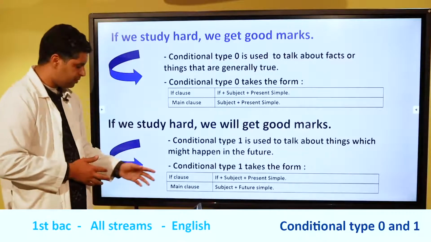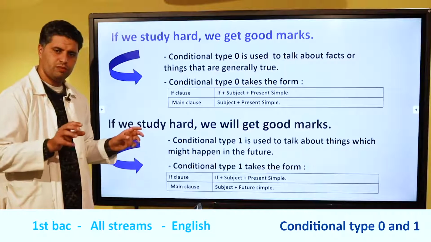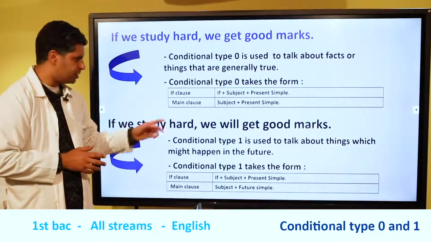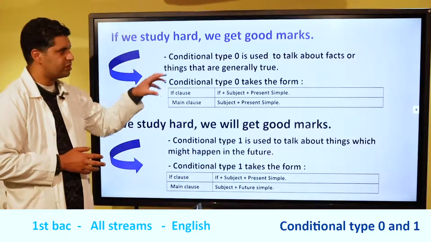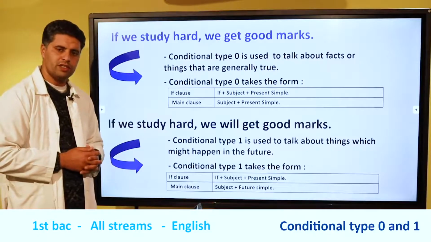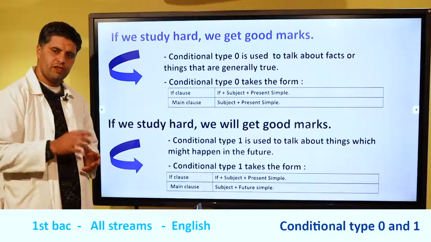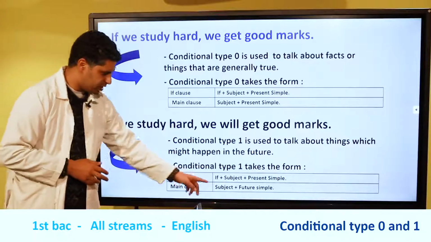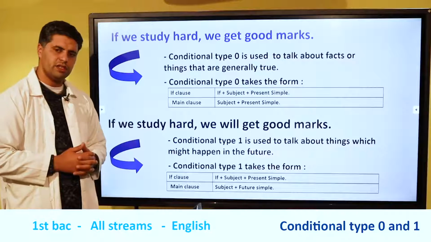takes the form, the same form that we have here when it comes to the parts. So we have two parts, as you can see. It is the same as we have in the first structure, which is the structure of conditional type 0. We have two parts, but there is a very small difference, which is in the second part of the conditional type 1.